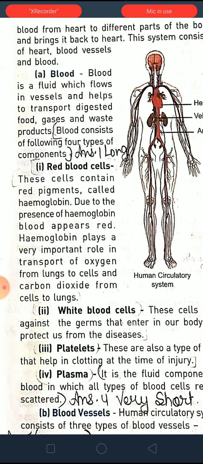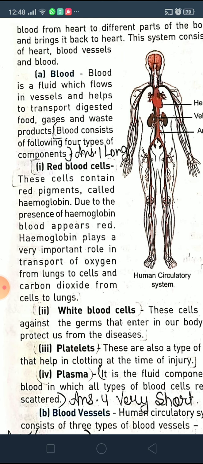Blood consists of the following four types of components: RBC, red blood cells; WBC, white blood cells; platelets and plasma. We will discuss them one by one, because all four components are mixed inside the blood.